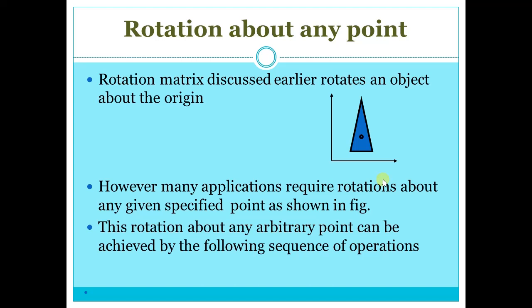Now we are going to discuss rotation about any point. Whatever we have discussed so far, the rotation matrix is given about the origin, about this point O. Now if you want to rotate this triangle about a given point, then the old rotation matrix does not work, because that matrix is about the origin.